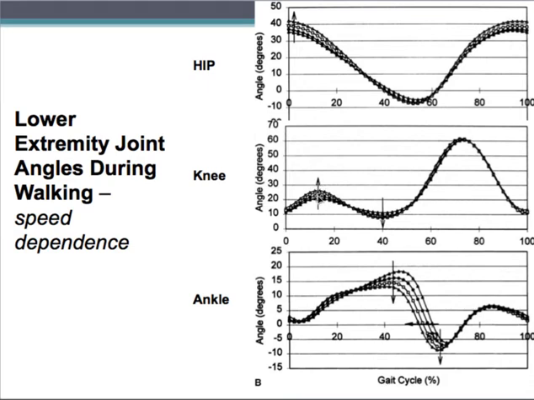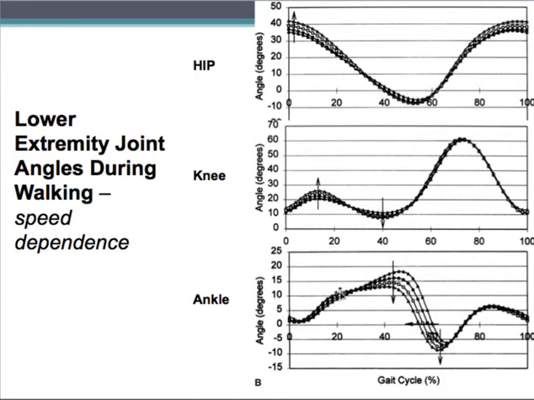So essentially the shock absorption associated with knee flexion increases as the person takes bigger strides. There's also slightly more knee extension, so the knee hyperextends a little bit more at the transition from mid stance to terminal stance.